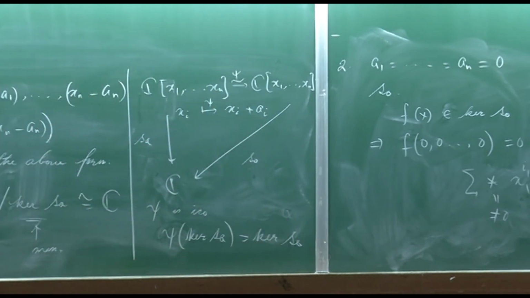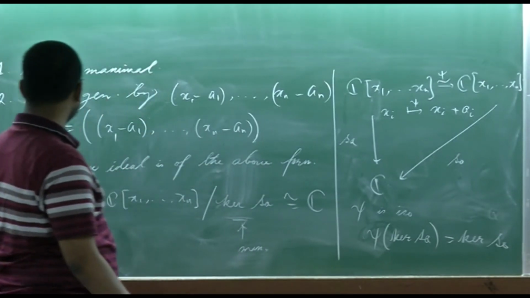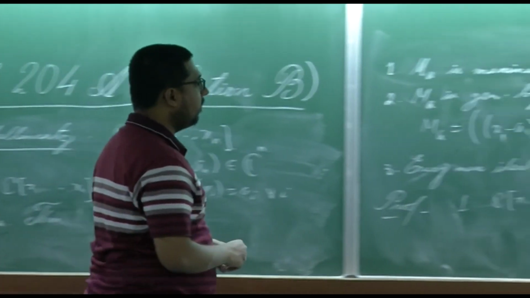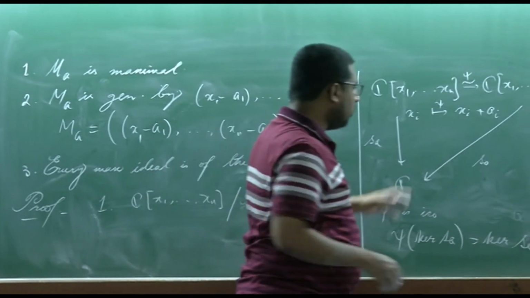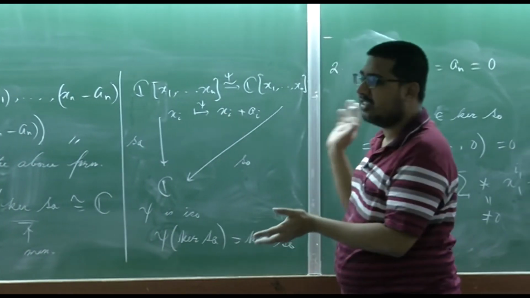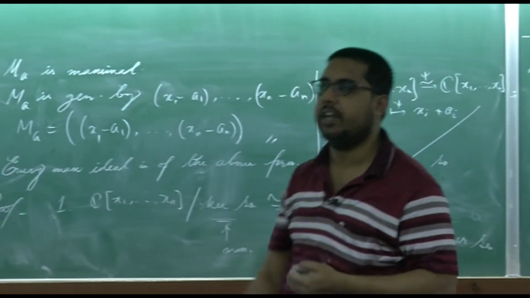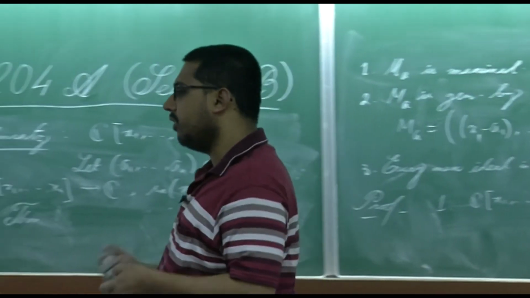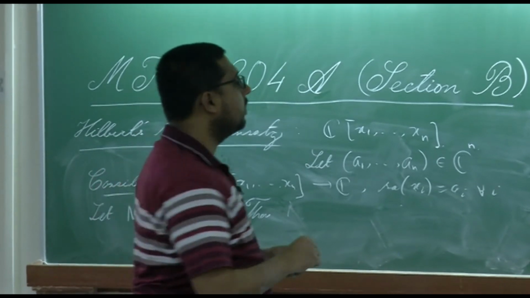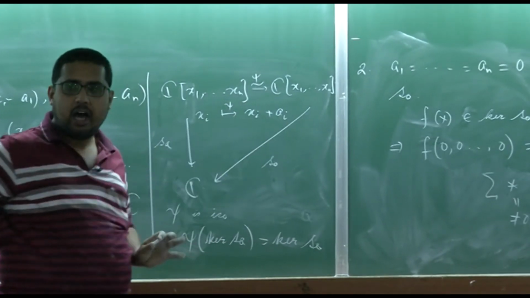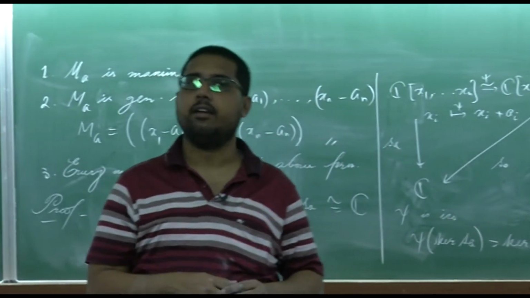That shows the kernel of SA is a maximal ideal of the polynomial ring. So loosely speaking, we are just giving a linear change in the variables, and precisely what this means is we are factoring through this isomorphism.